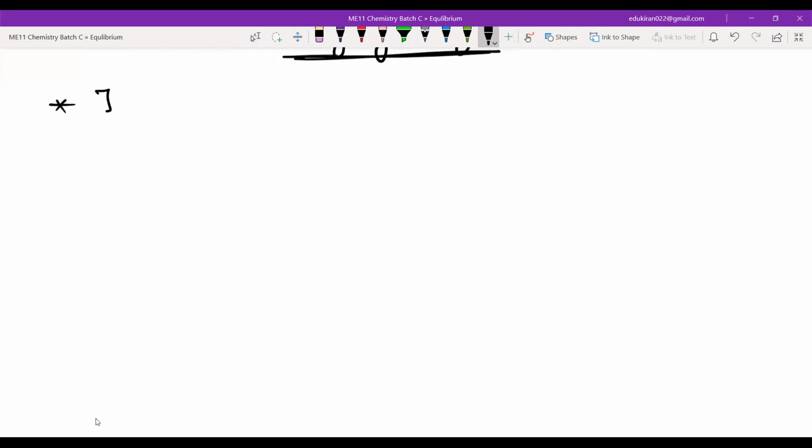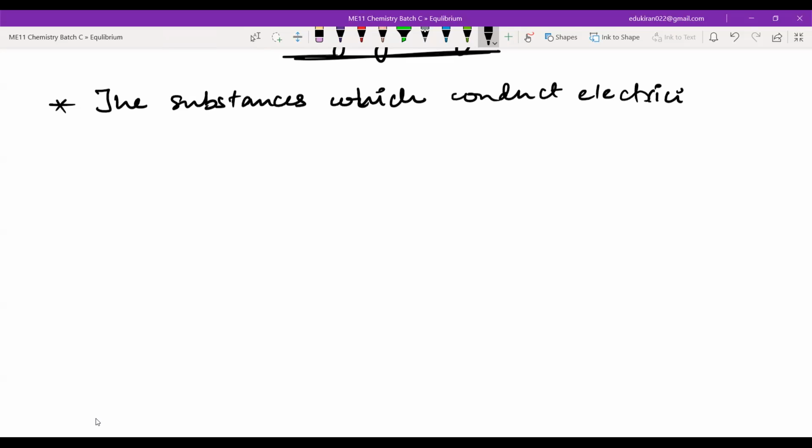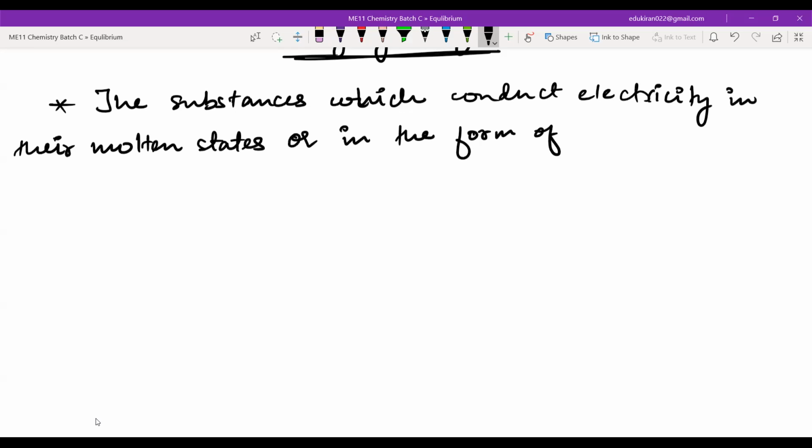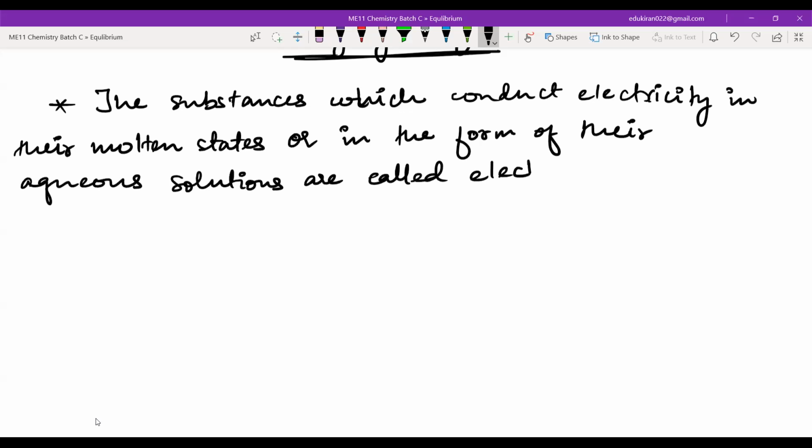The substances which conduct electricity in their molten states or in the form of their aqueous solutions are called electrolytes.